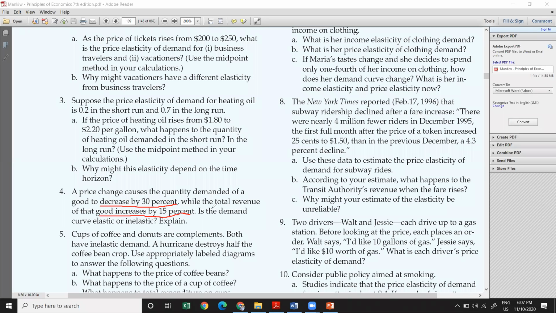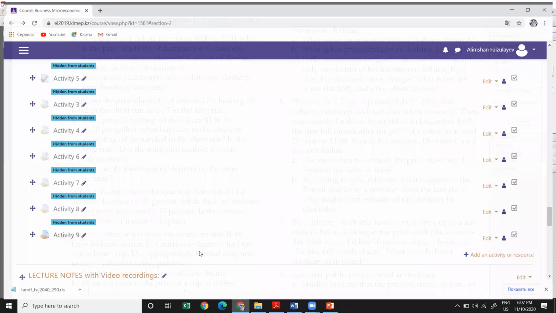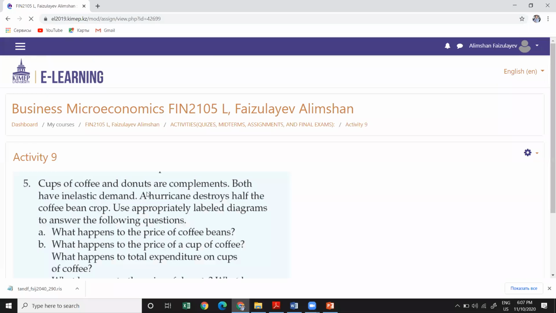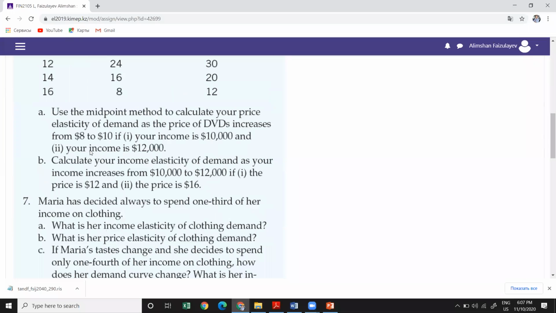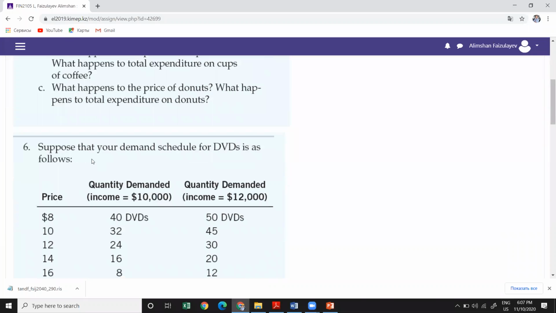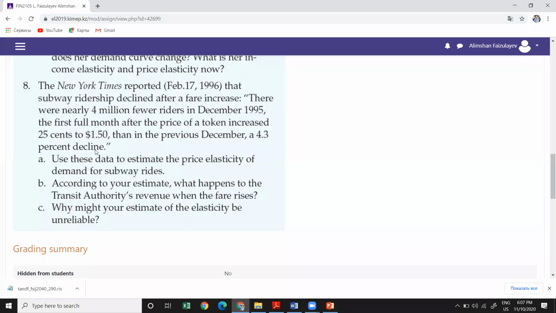Okay, I'm done for today. I would like to ask you to go to Moodle. There's activity 9. The questions are here. They're similar to what we have done so far. Please do not copy paste, do not copy from each other.